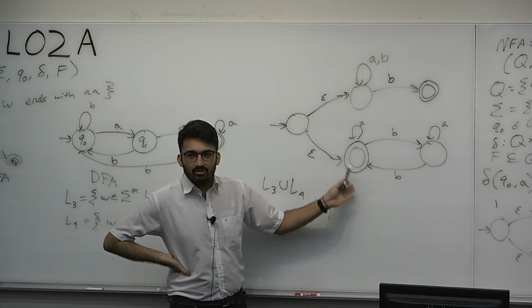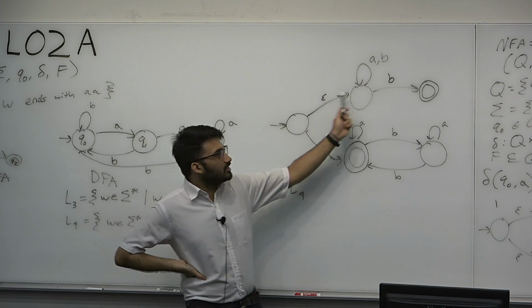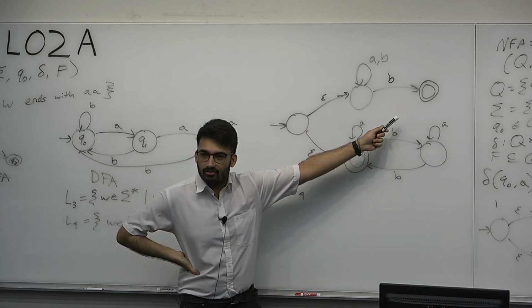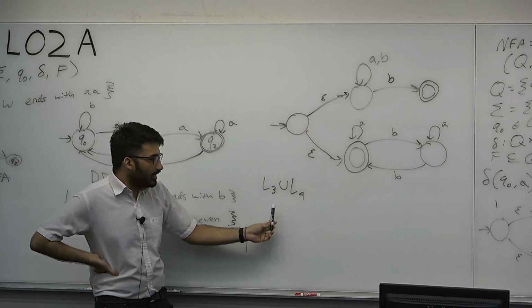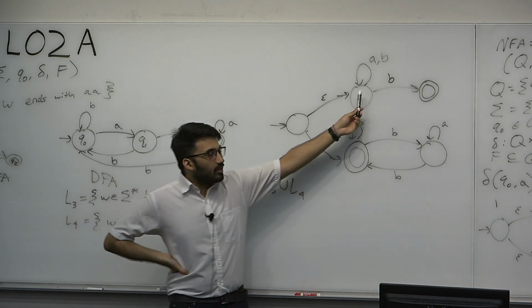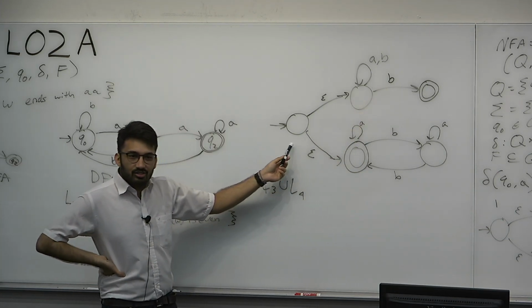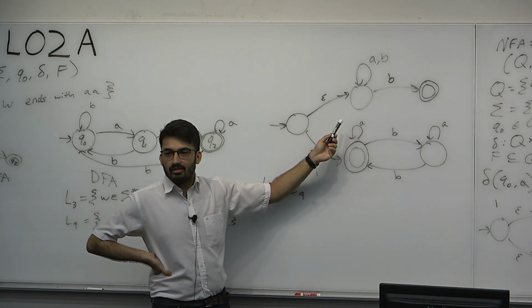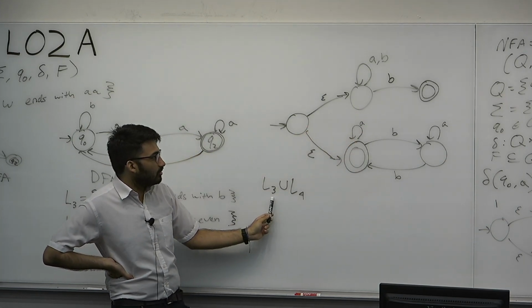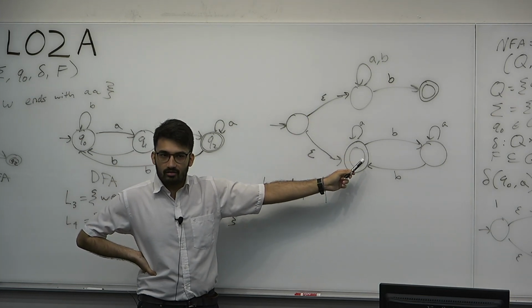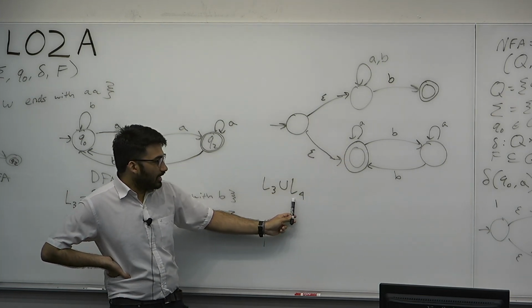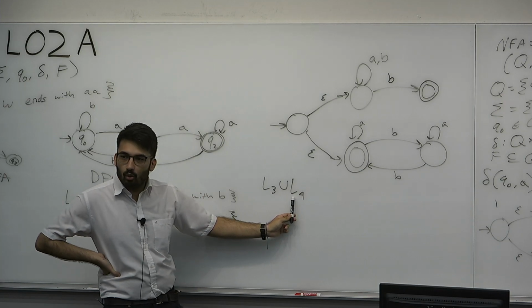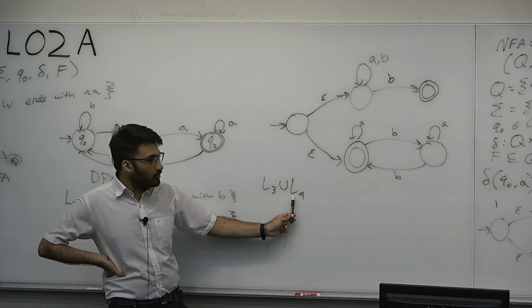There's going to be many rejecting ones, who cares? But there's going to be one accepting computation path on the first part. So if a word ends with a B, it was accepted by this NFA, so there exists an accepting computation path, and it's now accepted by the combined NFA. So anything in L3 is going to be accepted by this NFA. Similarly, if something was in L4, then it was accepted by the bottom.